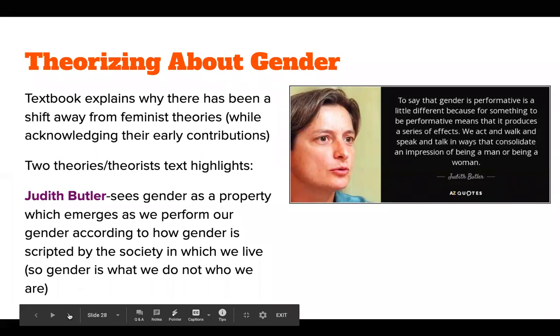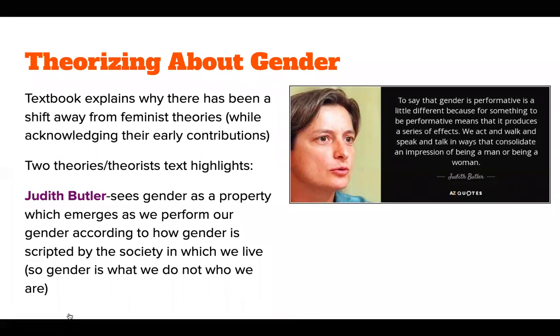Your book emphasizes 2 theorists that discuss gender and shed some light beyond just the definition of gender. The first is Judith Butler, who sees gender as a property which emerges as we perform our gender according to how gender is scripted by society.